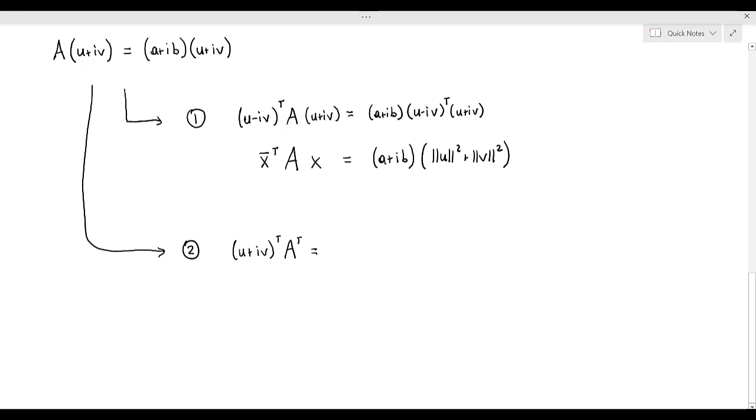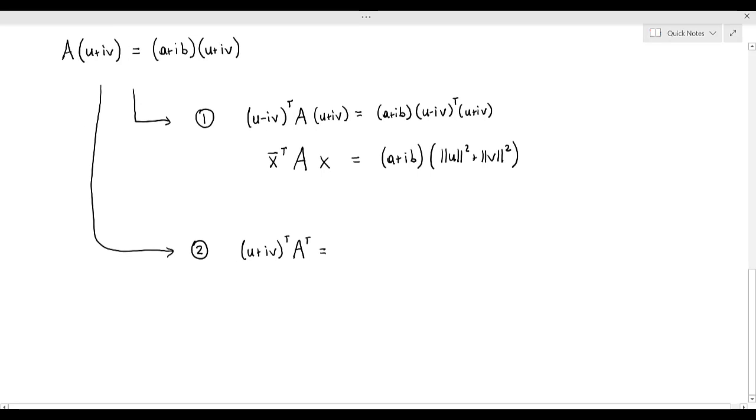And then on the right, a plus ib is a scalar, so nothing happens to it when it gets transposed, and I can continue writing it in the front. And then I am transposing everything on the right-hand side, so I also need to transpose the u plus iv.